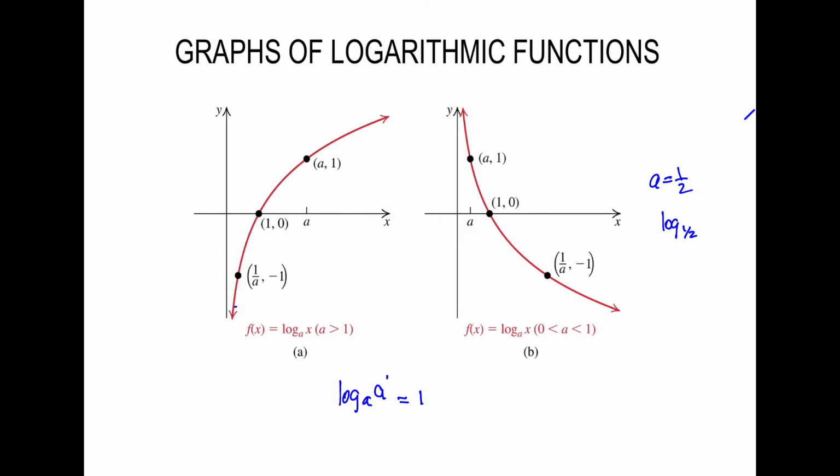And my input is 1 over that. So my x input was 1 over 1/2. In other words, 1 divided by 1/2 is 1 times 2 over 1, so 2.